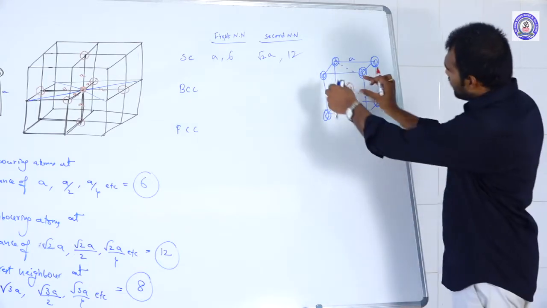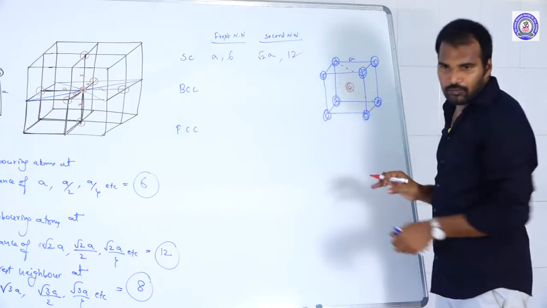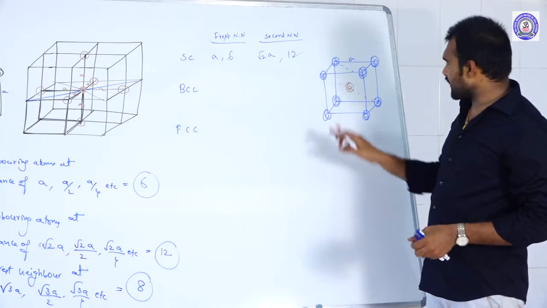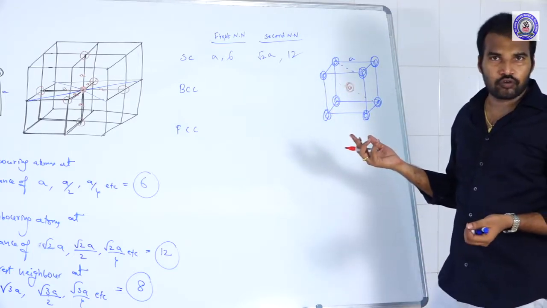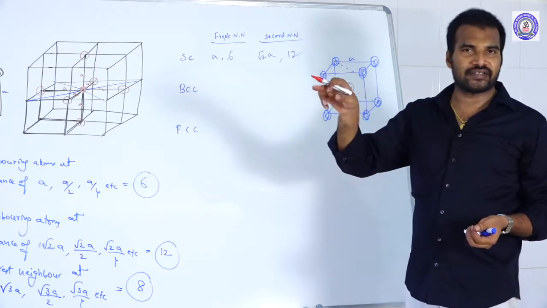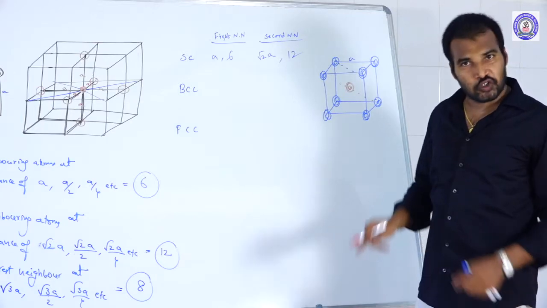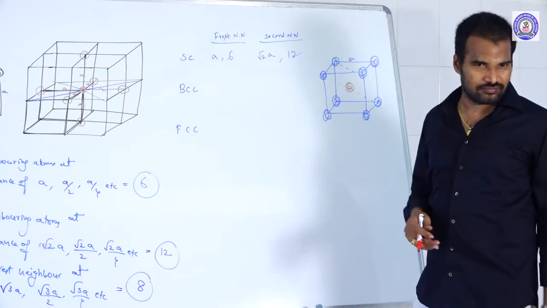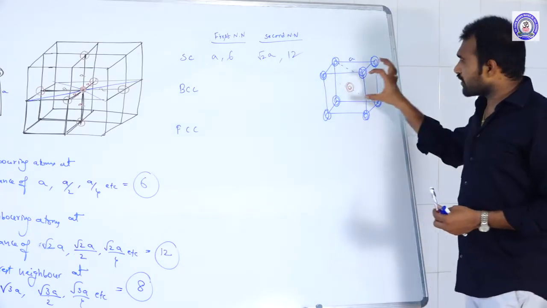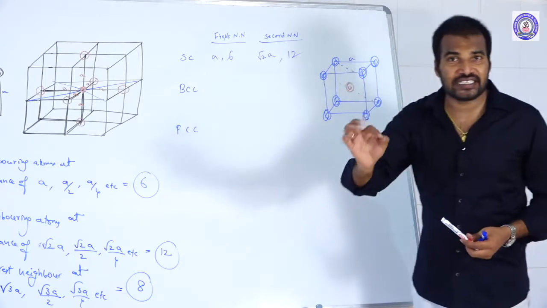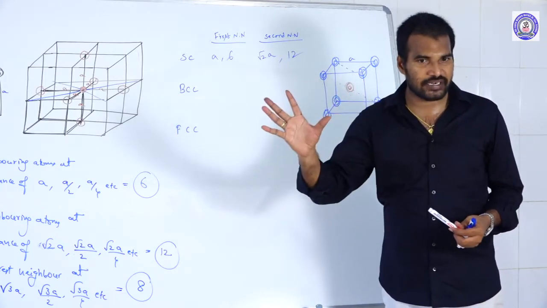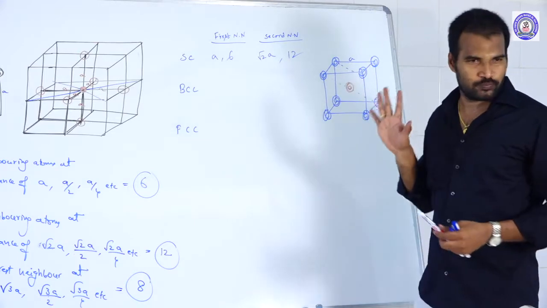And what is the distance between the corner to the center of the body? Corner to the center, root 3a by 2. Root 3a by 2 means what? How much? Root 3 value 1.7 by 2 means it will be around 0.85. So 0.85 is lesser than 1. So that is why the first nearest neighboring distance is how much? Root 3a by 2.